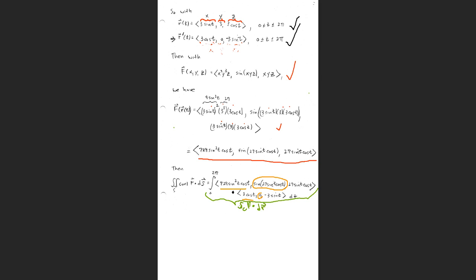That'll give us 2,187 sine squared of t cosine squared of t. And we're going to take 27 sine of t cosine of t and multiply that in the dot product by negative 3 times the sine of t. That'll give us negative 81 sine squared of t cosine of t. So what we'll get on the next page then is this here.